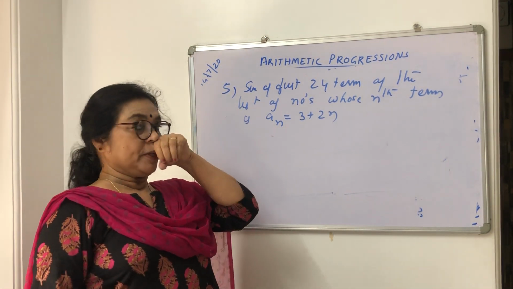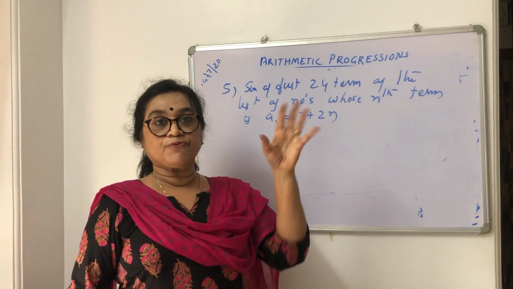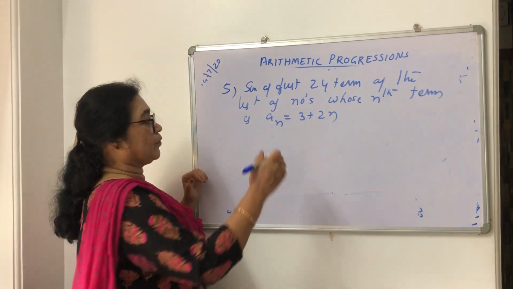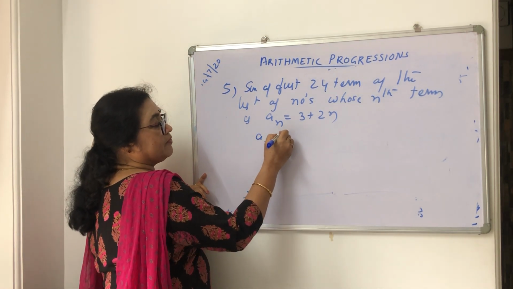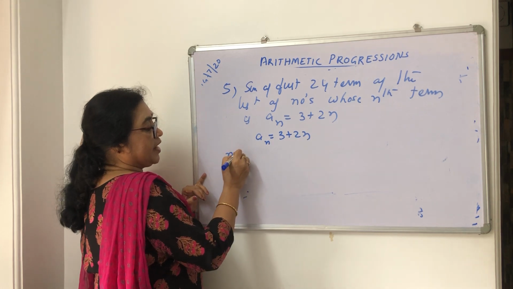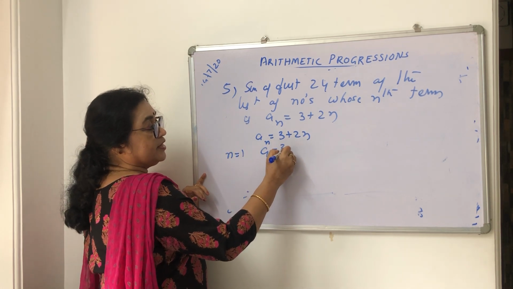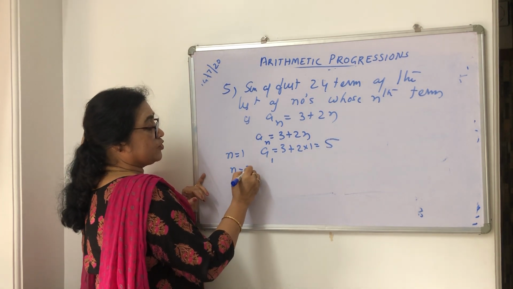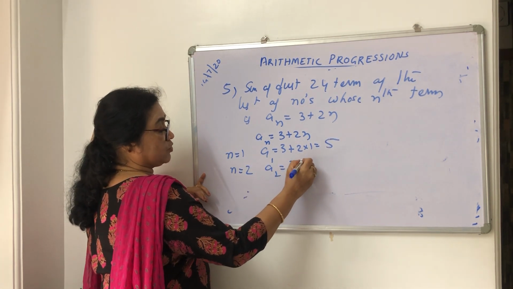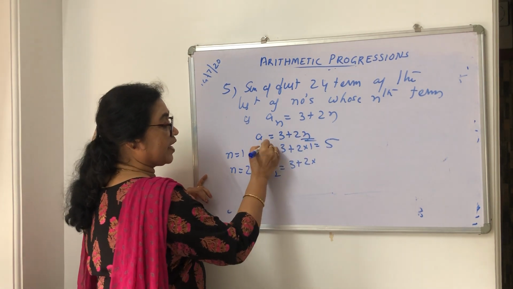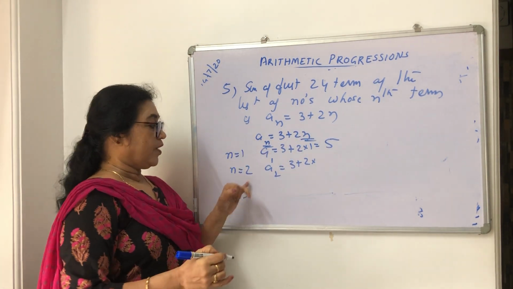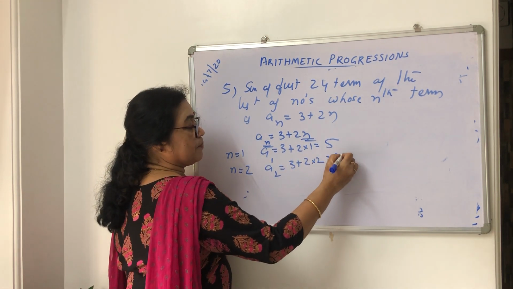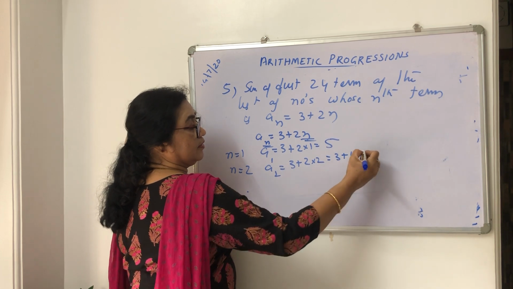Some list of numbers whose nth term is given, you have to find the list of numbers and check whether they are forming an AP or not. So I am taking n as 1. A1 is 3 plus 2 into 1, which is 5. For n as 2, A2 is 3 plus 2 into 2, that is 3 plus 4 is 7.